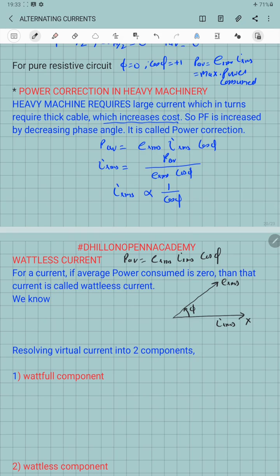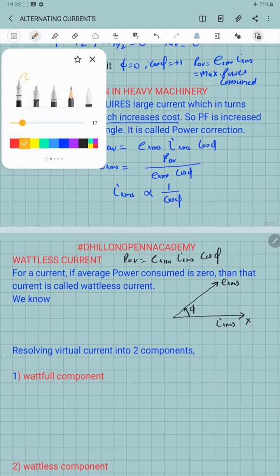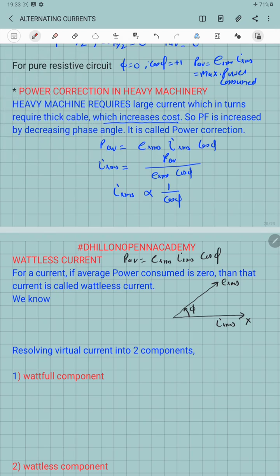In this case, we can decompose our RMS current into two rectangular components. If this is our RMS current, from here we can drop a perpendicular on the voltage axis. So we will have a right angle triangle, say OMP.